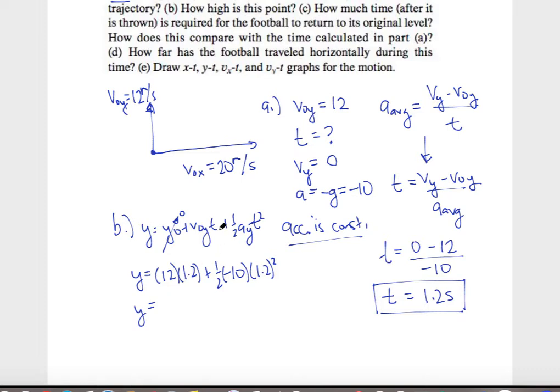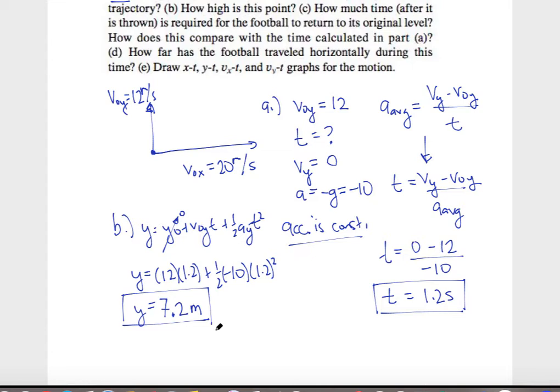Our vector acceleration has a sign, and we must include that sign if we are going to get a correct representation of the motion of this object. So if we plug this into our calculator, we get a final y after 1.2 seconds of 7.2, and that should be meters as our velocity was given in meters per second.